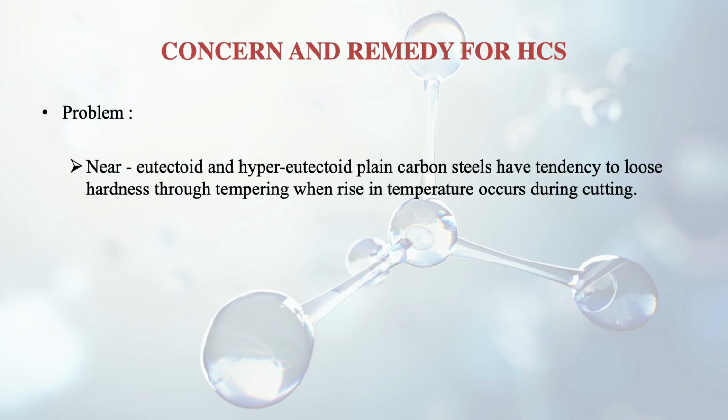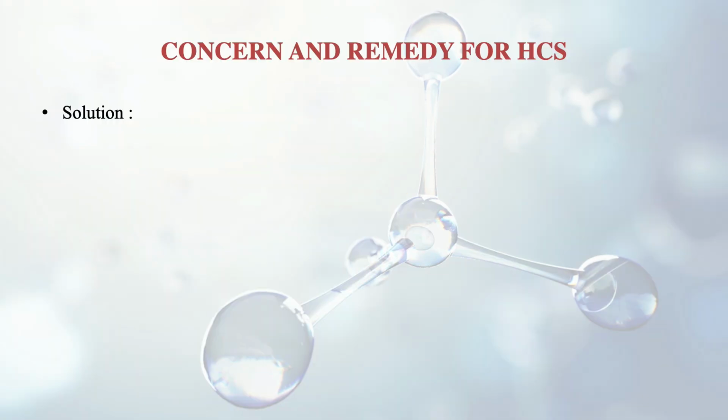These steels have a tendency to lose hardness through tempering when a rise in temperature occurs during cutting. So it may happen that due to the temperature rise in the cutting process, the hardness will lessen and the tempering effect will come in. What will happen, the tool will get weakened. So we have to solve this problem.